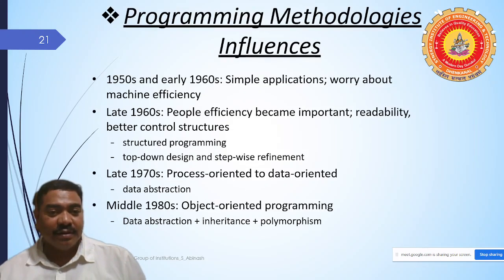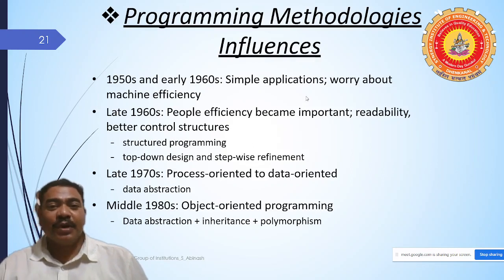Right. So next is programming methodologies and influences. In the 1950s and early 1960s, simple applications worried about machine efficiency. Simple applications were there, but machine efficiency was very low, because at that time only 4-bit or 8-bit computers were there. In the late 1960s, people efficiency became important.